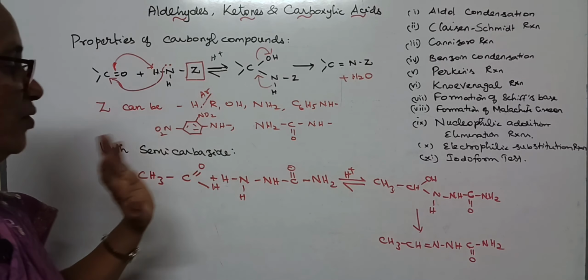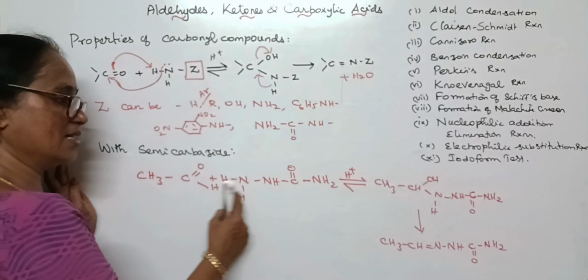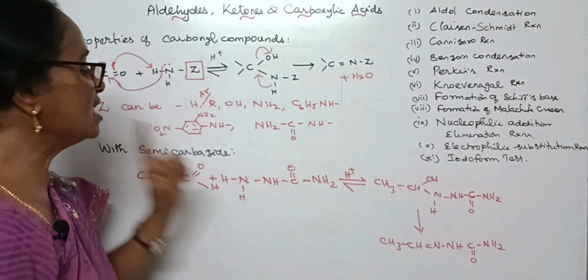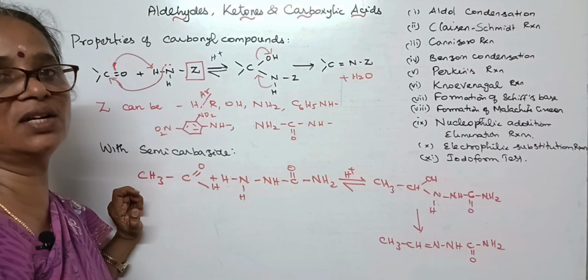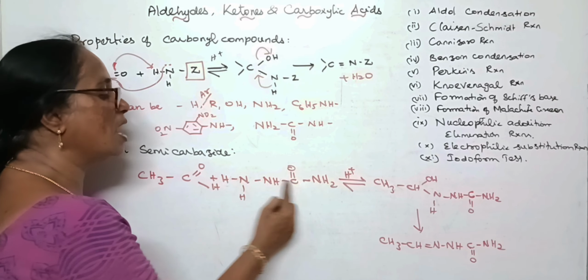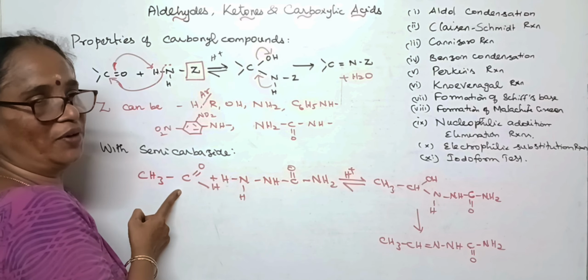Next, the reaction with semicarbazide. Semicarbazide actually has two NH2 groups. So the question is, which of the NH2 groups will undergo nucleophilic addition reaction with the carbonyl? The NH2 which is far from the carbonyl group should take part in nucleophilic addition.